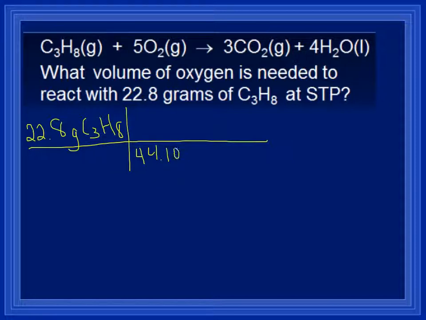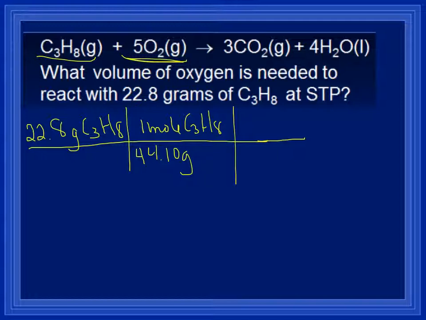So again, using the molar mass of C3H8. Then, since it's not asking for C3H8, we want to convert from it to what it's asking for, which is oxygen. So 1 mole of C3H8 on the bottom, and 5 moles of oxygen on top.